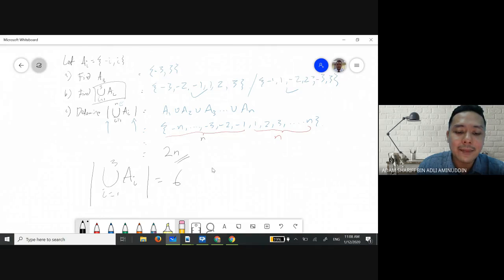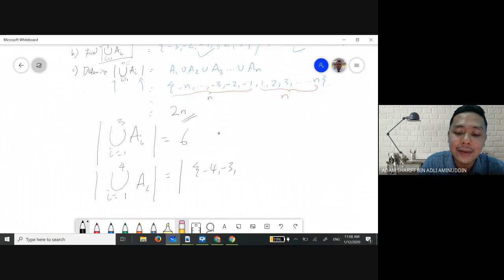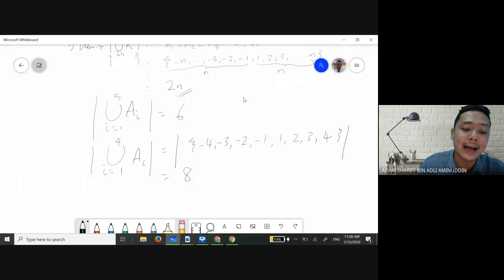Kalau kamu buat sampai 4, cardinality daripada negatif 4, negatif 3, negatif 2, negatif 1, 1, 2, 3, 4, dapatlah 8. Maka cardinality untuk N adalah 2 darab N. So tahniah.